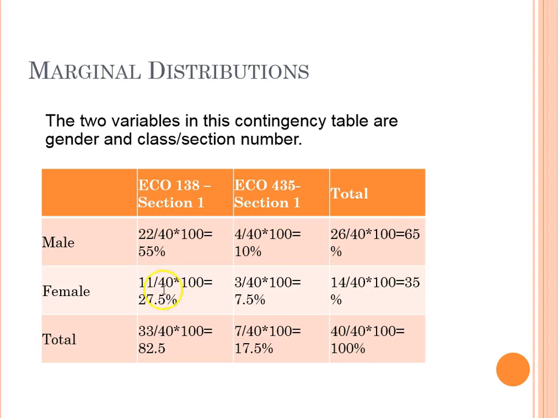So again, we have the 4 cell distributions here, and these should sum up to 100, as well as our marginal distribution here in the last column. So these should sum up to 100. So 65% of my students are male, 35% are female, and 82.5% of my students are undergraduates, 17.5% are graduate students.